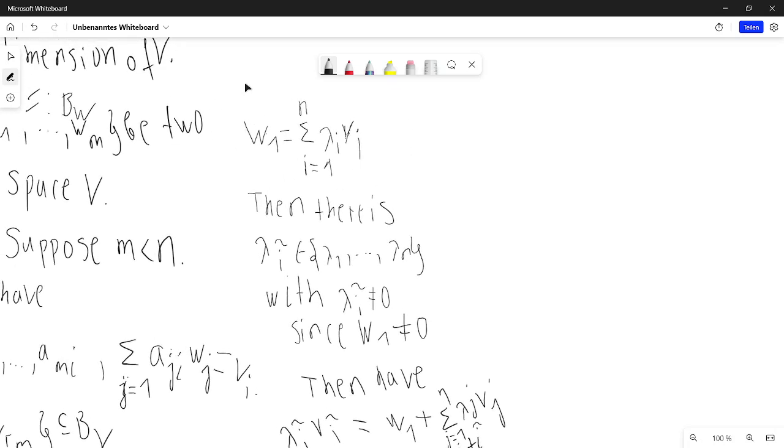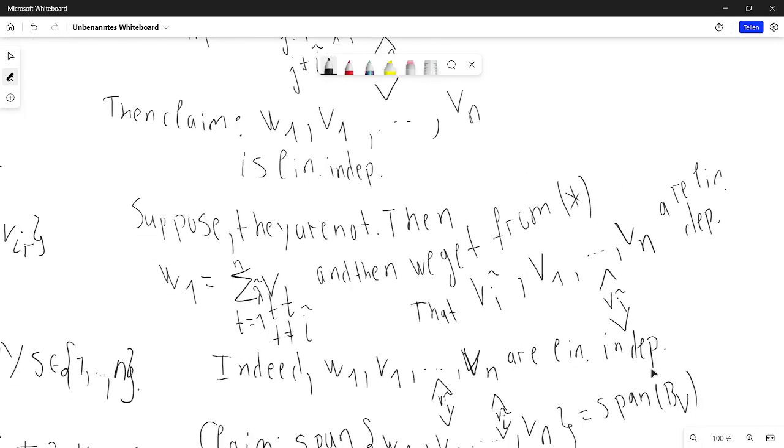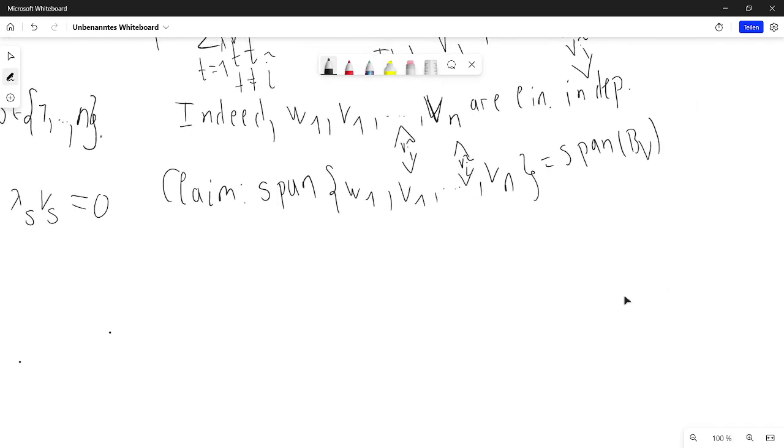This was by the basis representation property. This is in the span, right? And hence we can just replace that span by that, and there will be some coefficient here. Here that will be the sum of our vectors in the basis multiplied by some coefficients, right?